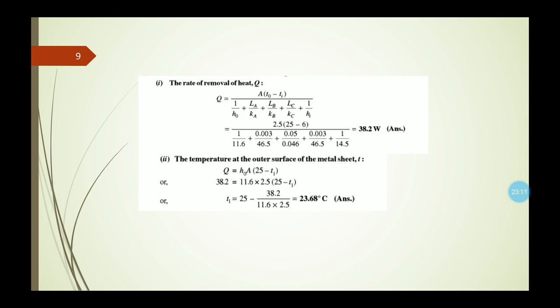Here Q, the heat removal rate, we have calculated in the first part of this question as 38.2, and on the right hand side, except the value T1, all the other values are given in this question. So from this equation we can calculate the value of T1 as 23.68 degrees centigrade. This is the temperature at the outer surface of the metal sheet.